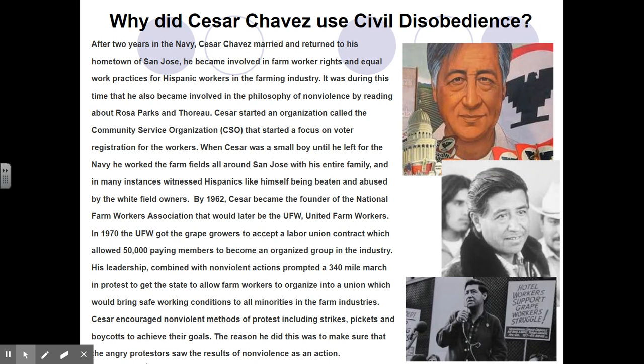Cesar encouraged nonviolent methods of protest, including strikes, pickets, and boycotts, to achieve their goals. The reason he did this was to make sure the angry protesters saw the results of nonviolence in action. So that's why Cesar Chavez used civil disobedience.